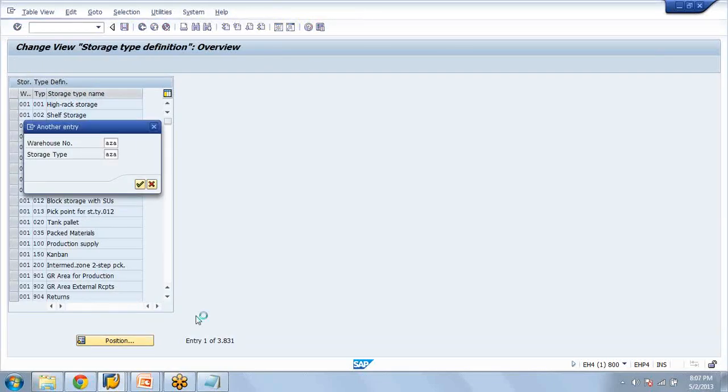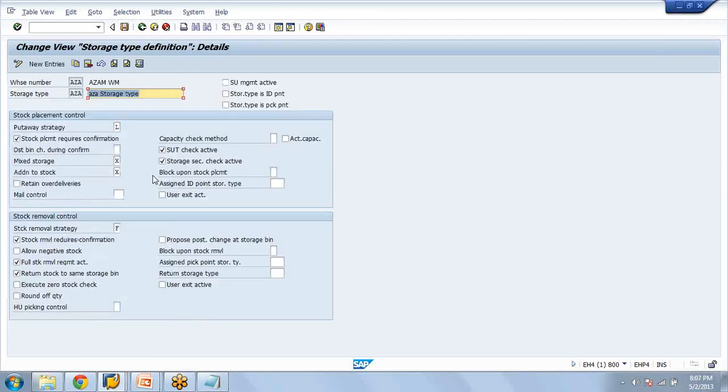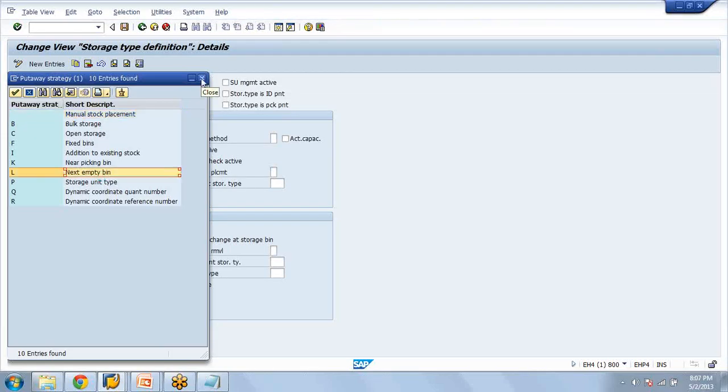Yes, this is the one. I have maintained next empty bin. Whatever strategies we are doing now, it is next empty bin only.